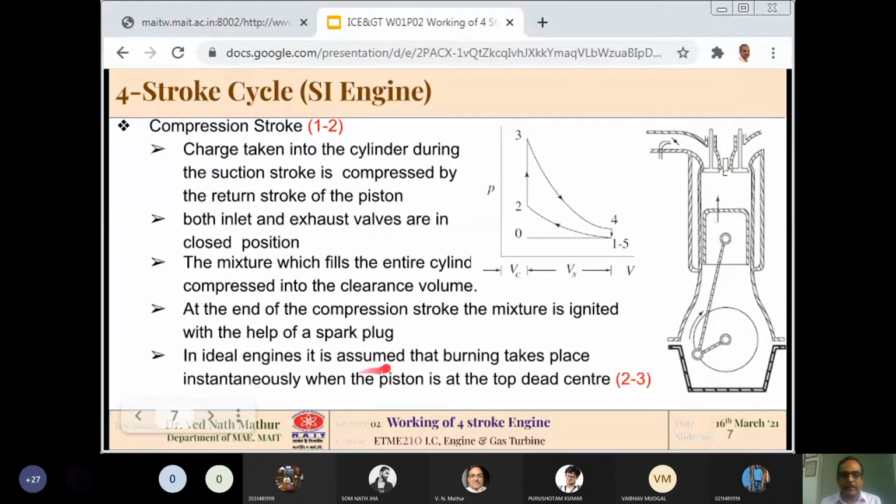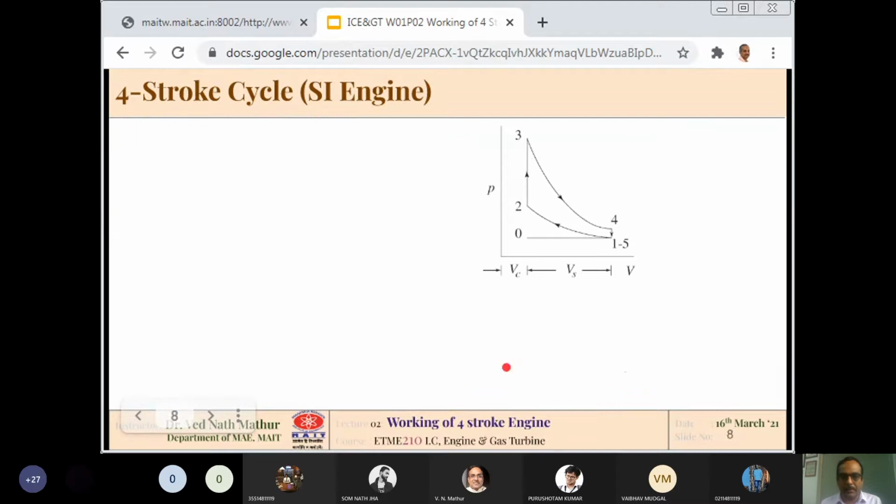Now in an ideal engine, it is assumed that burning takes place instantaneously when the piston is at the top dead center. So this 2-3 process represents burning or combustion of the charge. Now the temperature of the combustion rises, depending upon the air-fuel mixture and the type of fuel, but it is of the order of 2000 degrees centigrade. And because the temperature is high, the pressures are also high.